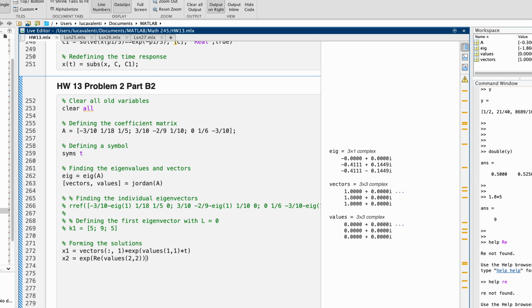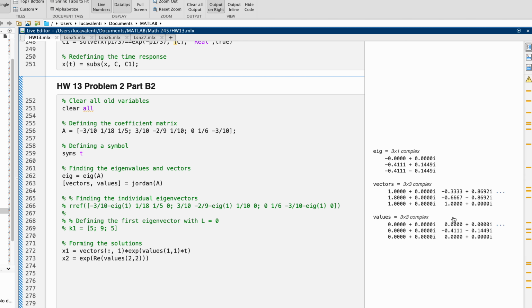So if I just look at it, what are we going to get? Well, I'm going to get the exponent of negative 0.4111 times t.